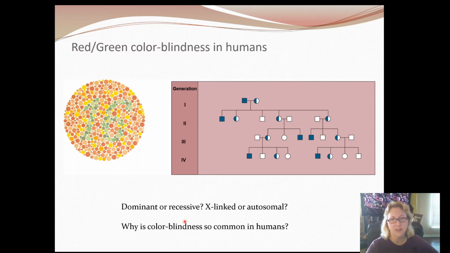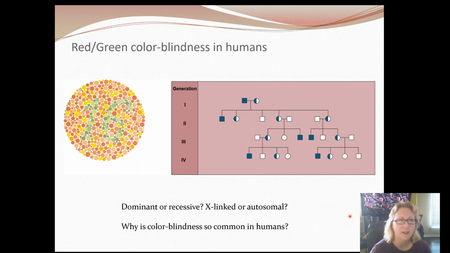Color blindness, though, is pretty common in humans. It's way more common than those other X-linked traits that I mentioned. Duchenne muscular dystrophy or hemophilia, those are both very rare. And one possible explanation for that is that color blindness isn't really deleterious, unless you're a hunter-gatherer and you need to tell whether fruit is ripe.